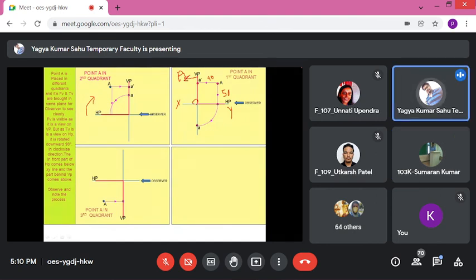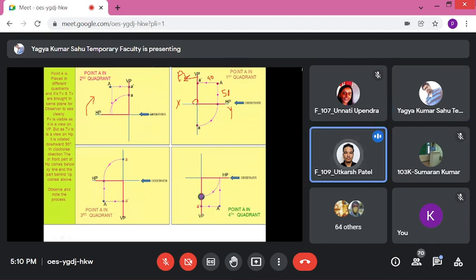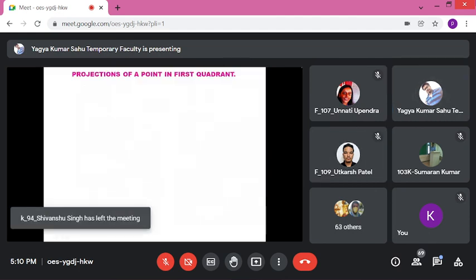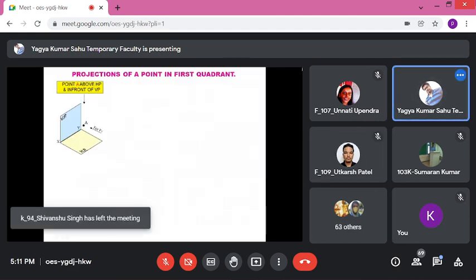Now tell me the position of the front view: above XY or below XY in case of the third angle? Below XY, front view. And what about the top view? If you rotate HP 90 degrees clockwise, above XY. Now in case of the fourth angle, both are below XY.